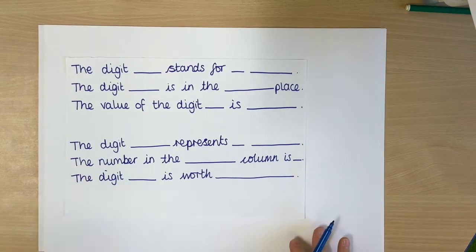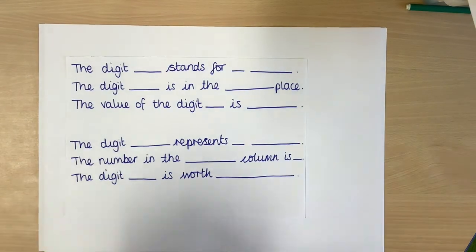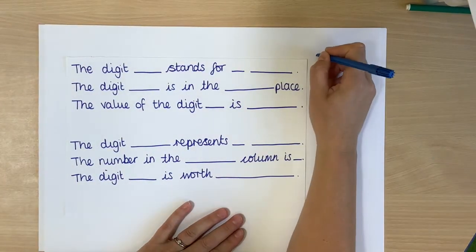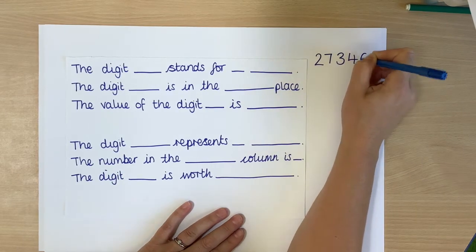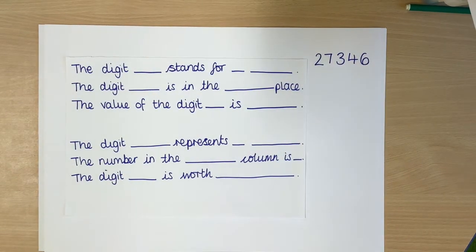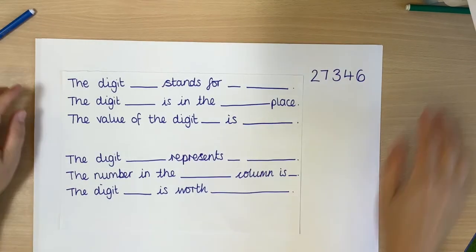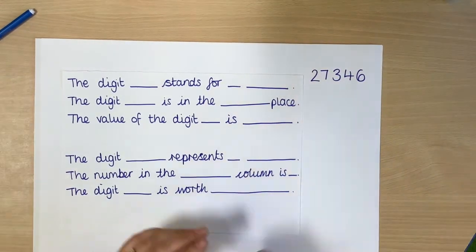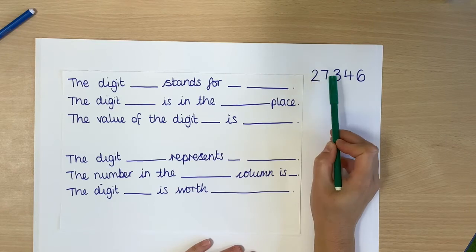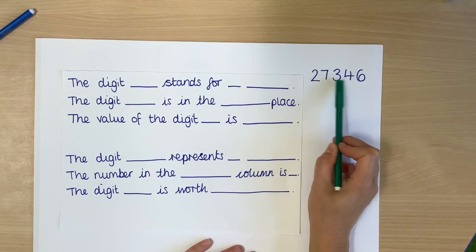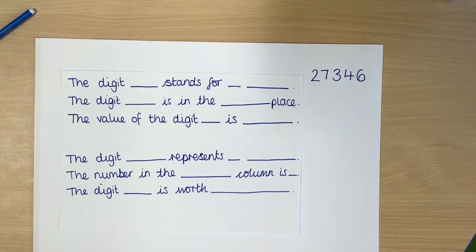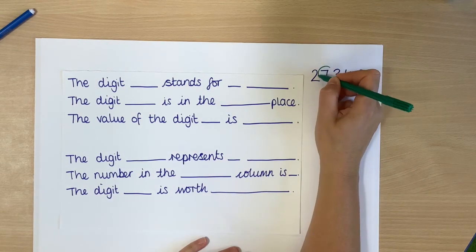So we'll take a 5-digit number. Let's go for this one. And then we'll take one of the digits. So let's have a look, first of all, what that number is, thinking about what we did last time. 27,346. 27,346. So let's take the digit 7.